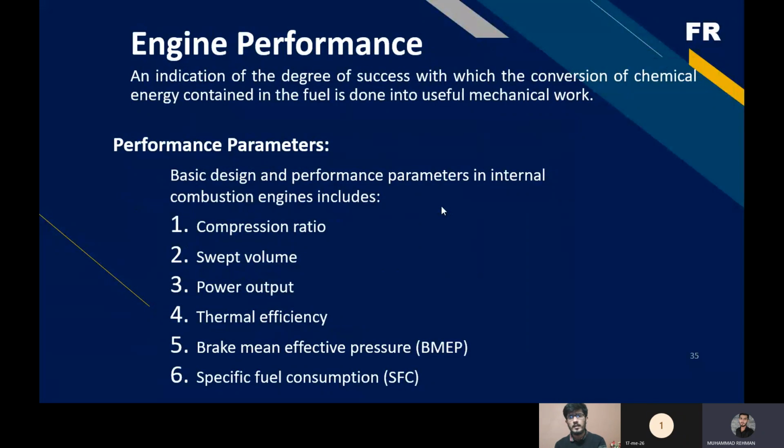Engine performance can be measured using different parameters, for example the compression ratio, the swept volume, which is the distance between the top dead center and bottom dead center, then the power output, how much output the engine is providing, then thermal efficiency, brake mean effective power, and specific fuel consumption, meaning how much fuel is consumed by the engine.